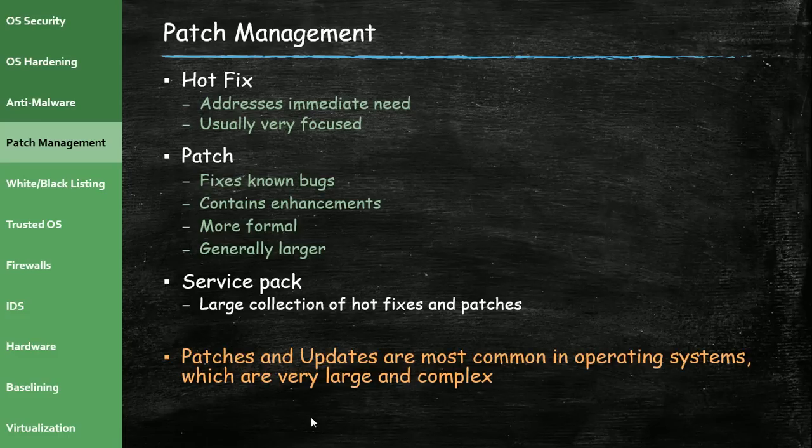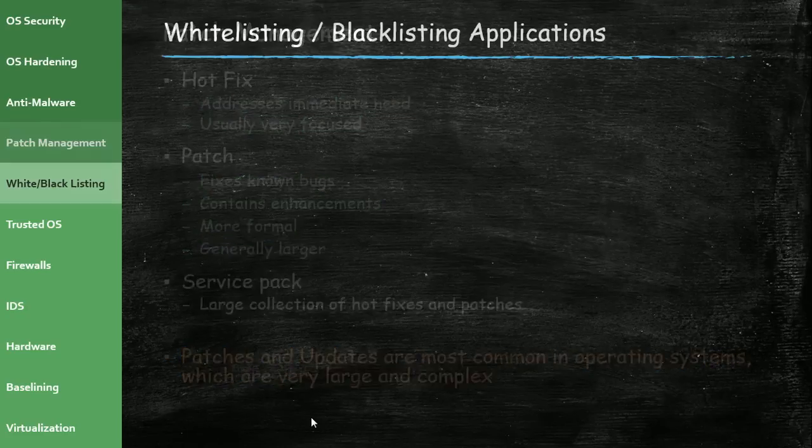Patches and updates are most common in operating systems, and they're very large and complex. You'll usually find service packs, updates, and patches in operating systems, both Linux, Mac, and of course Windows. A lot of these terms really come from Windows.